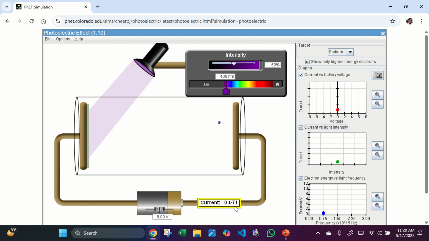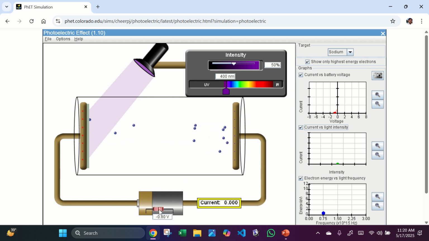To make this current 0, we applied the stopping potential. You remember, I think, minus 0.8. So note down, for 400 nanometers wavelength, minus 0.8.